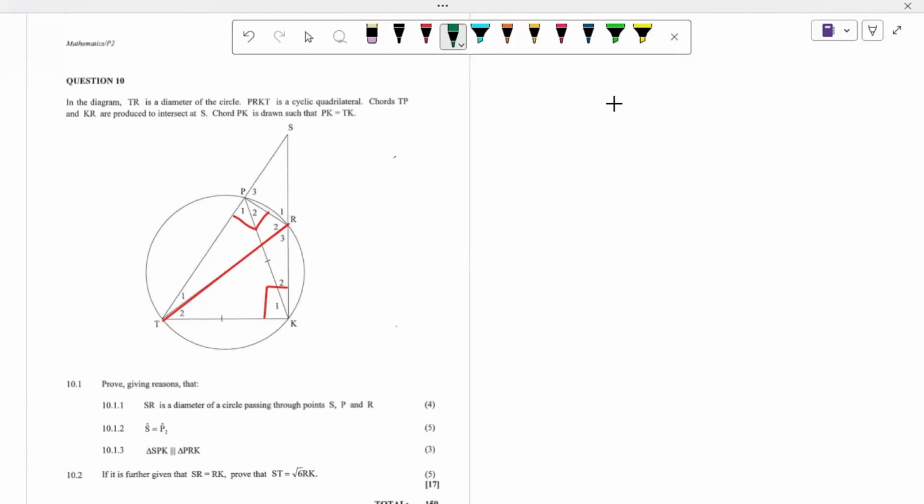PRKT is a cyclic quadrilateral. Yeah? So that means we can now use our properties for a cyclic quadrilateral to basically answer this.